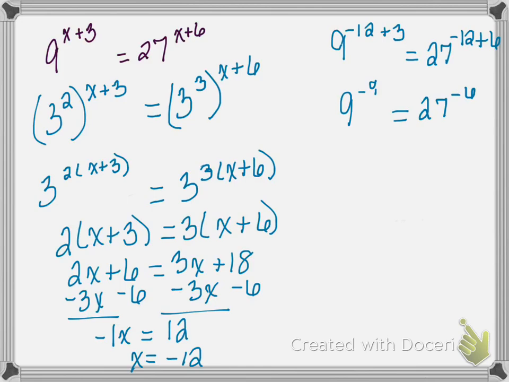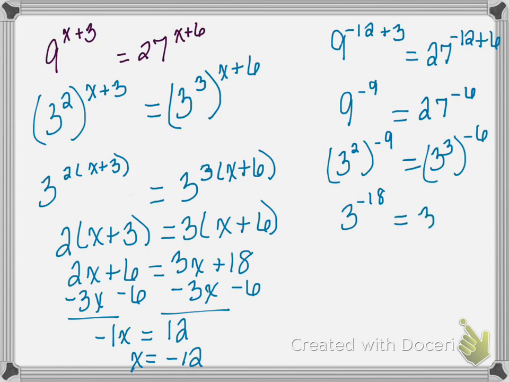We already know that 9 rewrites as 3 squared, and 27 rewrites as 3 to the third. 2 times negative 9 is negative 18. 3 times negative 6 is negative 18. Does it work? Yes.